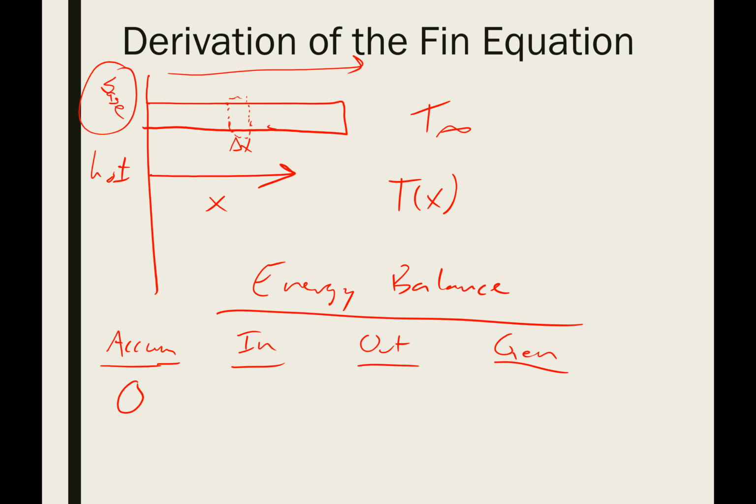Okay, how does energy get into our little finite volume? Okay, so it's conducting, actually not from the, well, ultimately it's coming from the base, but really for this particular guy, it's coming in just from right here in the adjacent section. Great, thank you. So we're going to have conduction coming in.